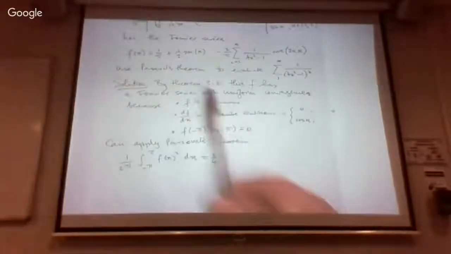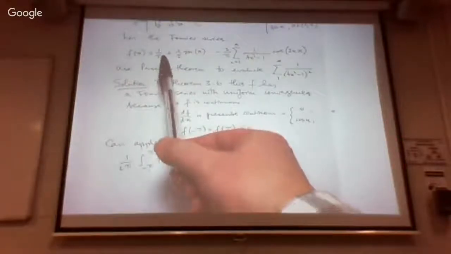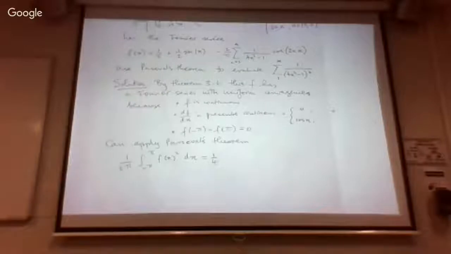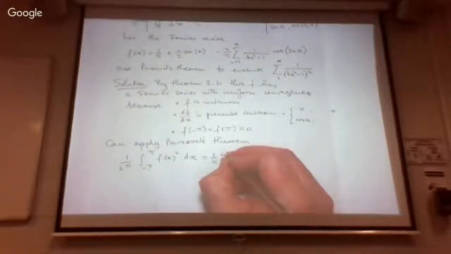So a naught is 2 over pi, I believe. Yeah, a naught is 2 over pi. So a naught squared will be 4 over pi squared.